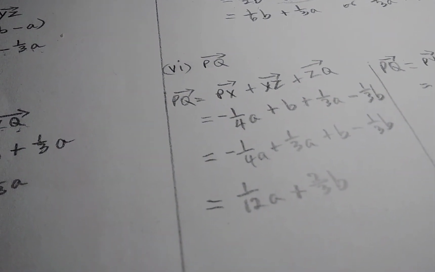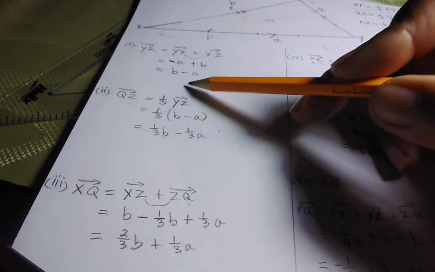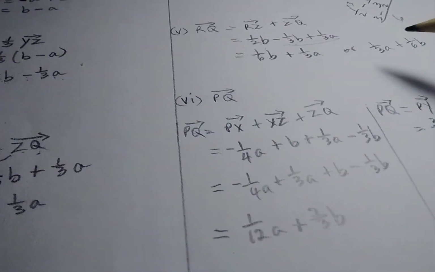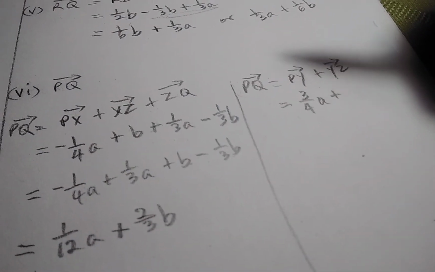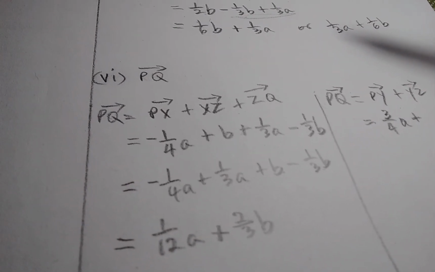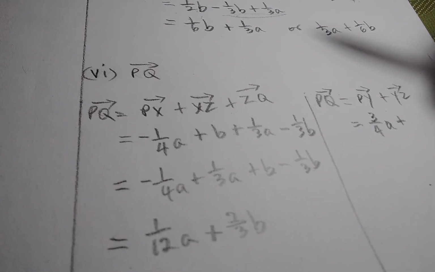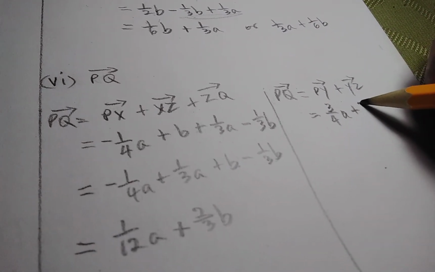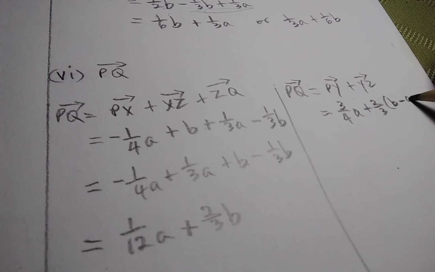And then YZ, we already worked that out, which is B minus A. But are we going to YZ? No, it's YQ. YZ is B minus A, but YQ is 2/3 of B minus A.